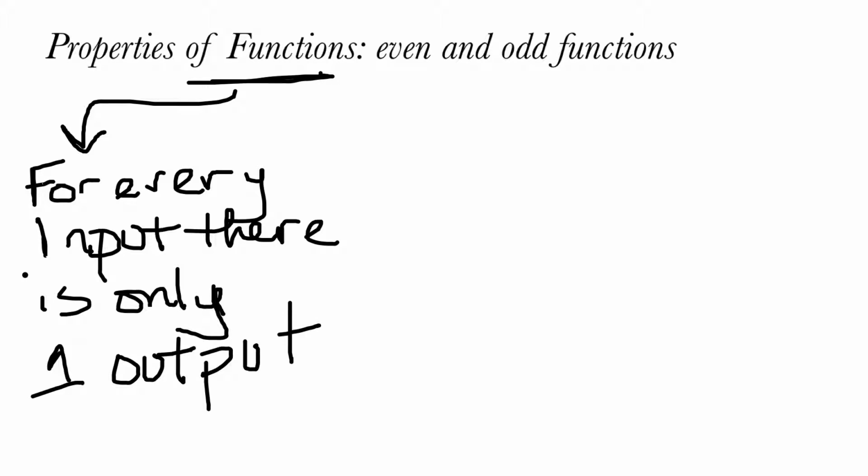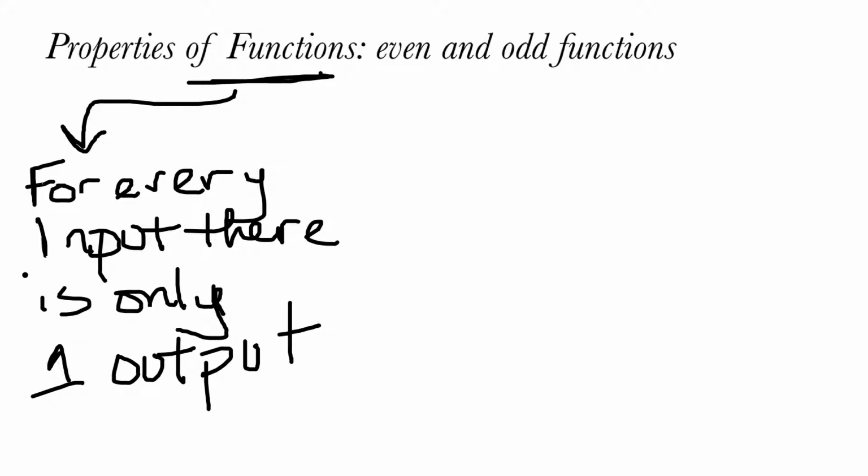You might have seen a more fancy definition state that for every element of the domain, which is our input, there is one and only one element of the range, which is our output. That just means that in a function, you can think of it as a machine, every time I put something into it, I can only get one thing out of it.